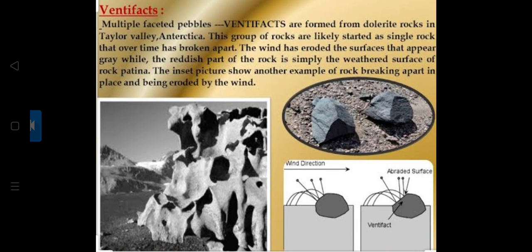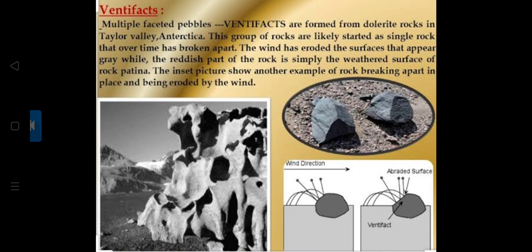Now here, look at the ventifacts. Multiple faceted pebbles, ventifacts, are formed from dolerite rocks. This is a type of rock in Taylor Valley, Antarctica. This group of rocks likely started as a single rock that over time has broken apart.